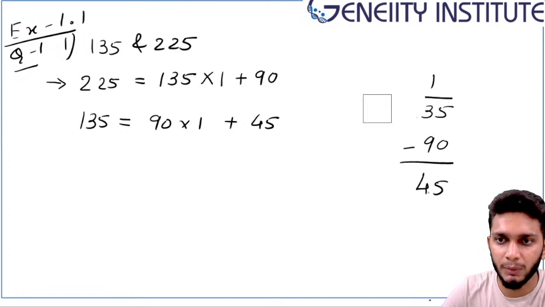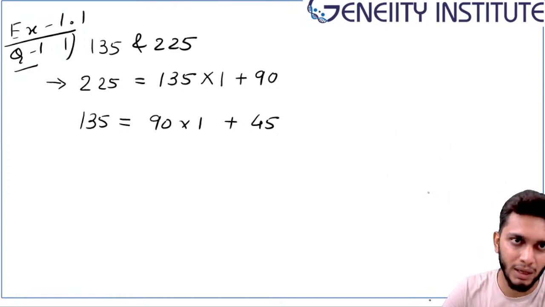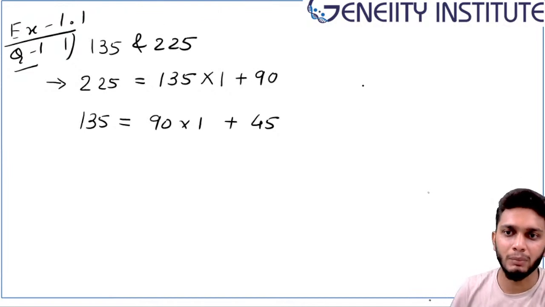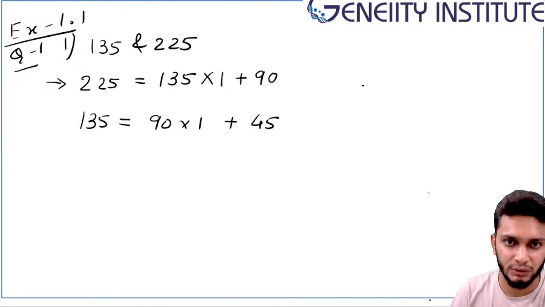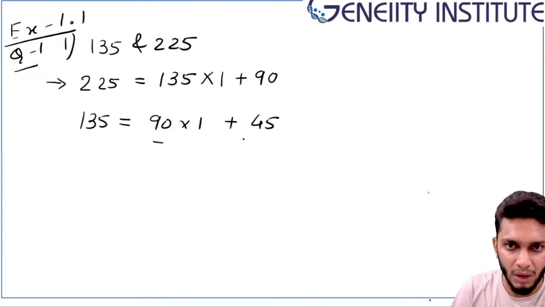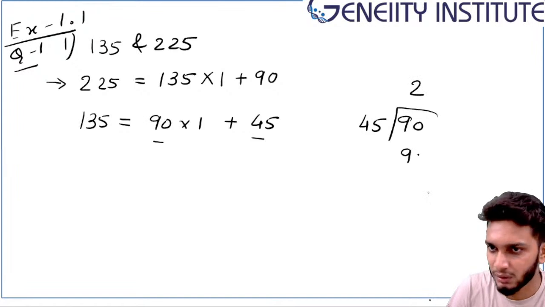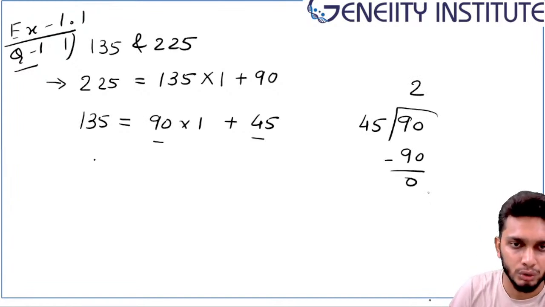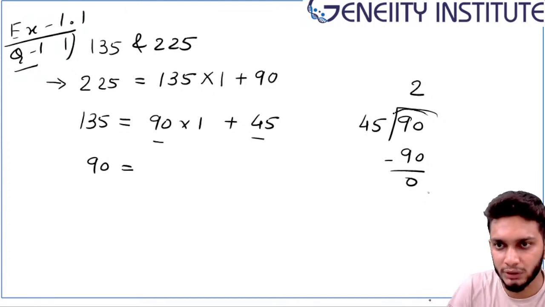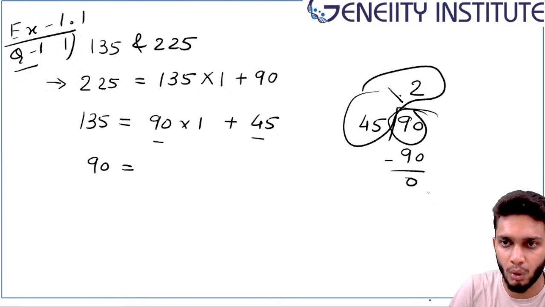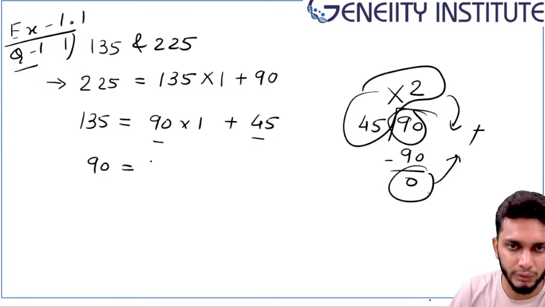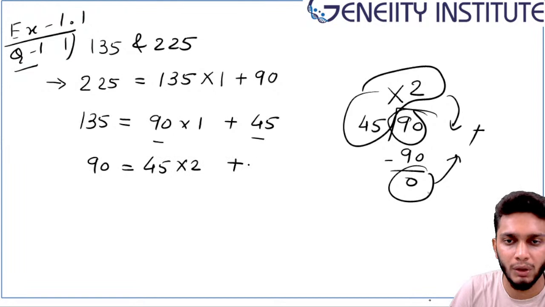Now you know that we still haven't got the remainder 0. Up to here we haven't got remainder 0, so we further divide 90 by 45. 90 divided by 45. 45 twos are 90 and the remainder becomes 0. So 90 is equal to 45 into 2 plus 0.